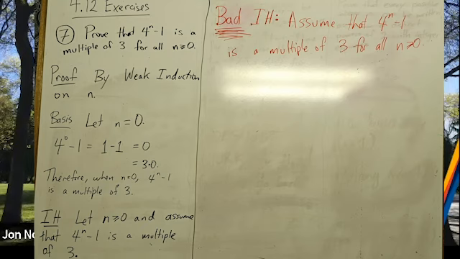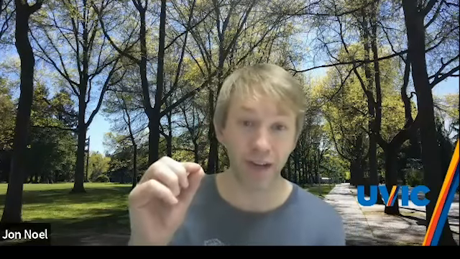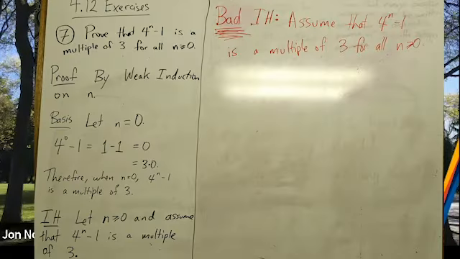It's kind of like saying, I'm just going to assume that it is possible to fly to the moon, and therefore we can do it, right? But that's not how things work. If you want to demonstrate that something is true, you have to actually do it. So this inductive hypothesis is bad, very bad.